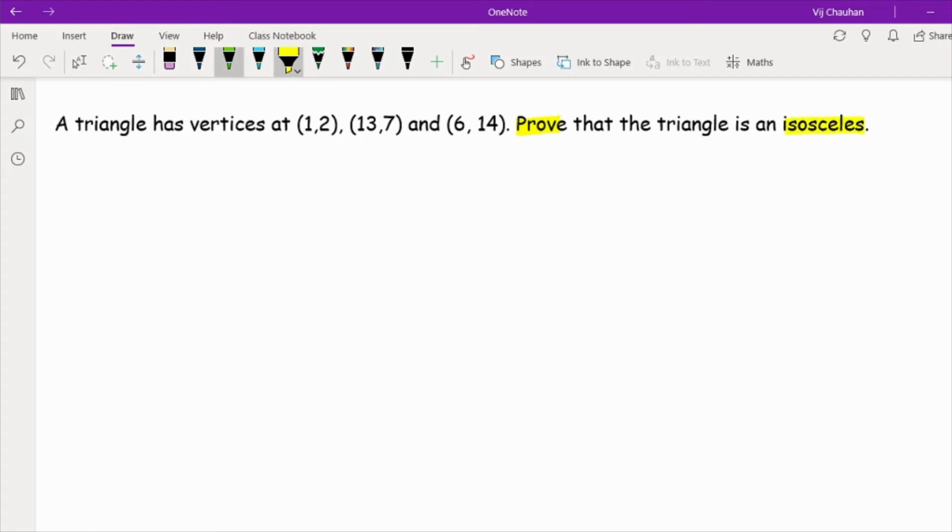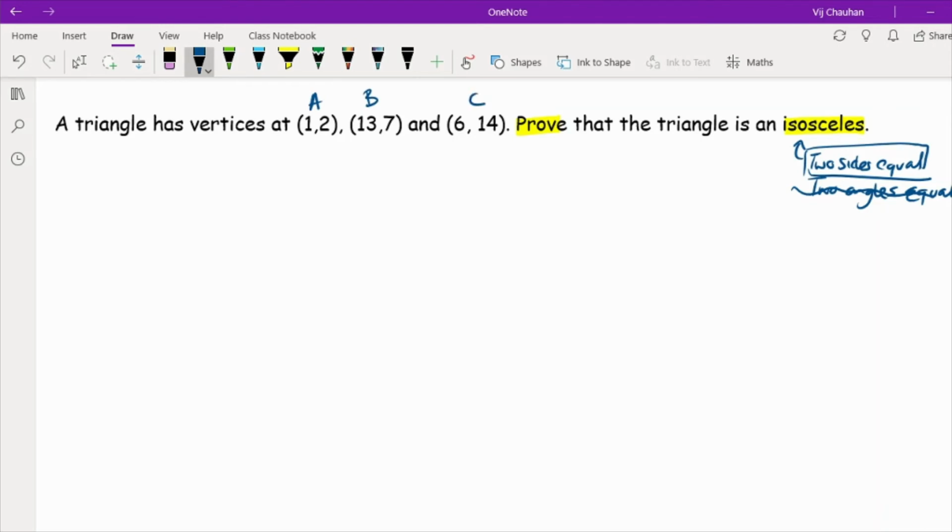Now if it is isosceles, then the key thing we need to know is that 2 sides are going to be equal, or 2 angles are going to be equal. Now it's very difficult to work out what the angles are going to be. However, as this is working out distance, I'm going to tend to prove that 2 sides are equal. So initially I'm going to start by labelling these coordinates. I'm going to call them A, B, C.